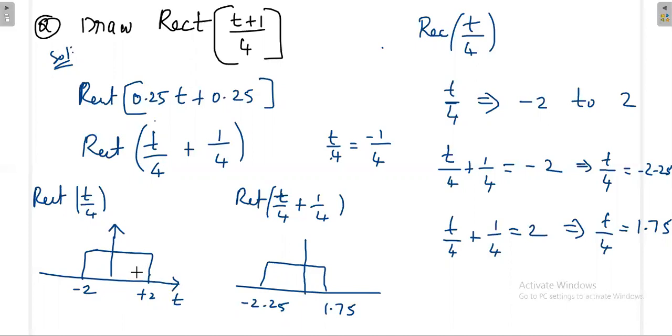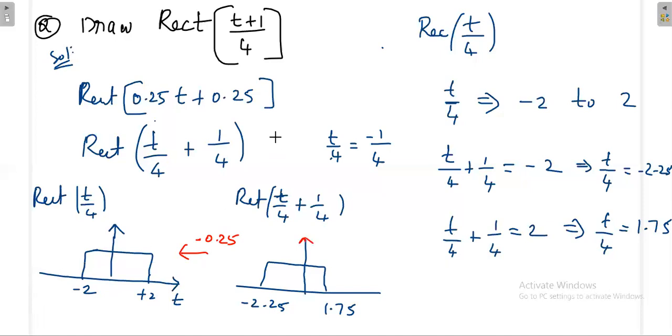This diagram will be shifted towards left by 0.25 units, because it is minus, it is shifted towards left. So then minus 0.25, this will be minus 2.25, and this will be 1.75. So this is the final answer.